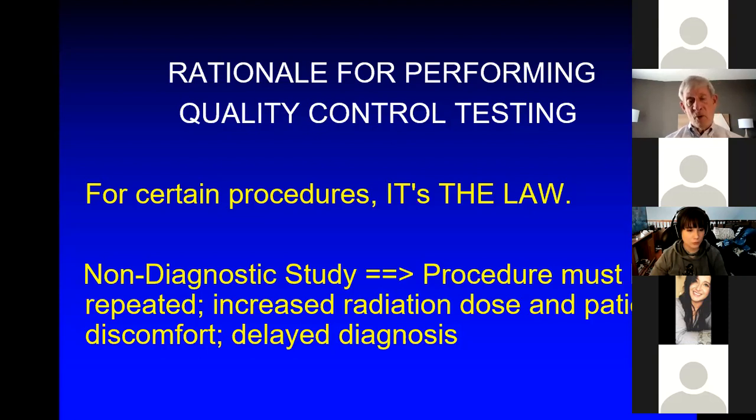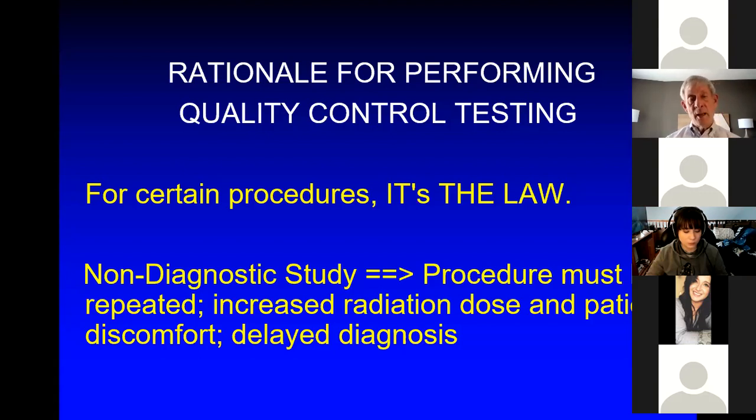Also, from a medical perspective, we want to avoid at all costs a non-diagnostic study. That has nothing going for it. We have to repeat the procedure at no charge. We're going to end up doubling the radiation dose, doubling the patient's discomfort, and delaying the diagnosis. And the worst thing of all, out of all of that, is none of those.